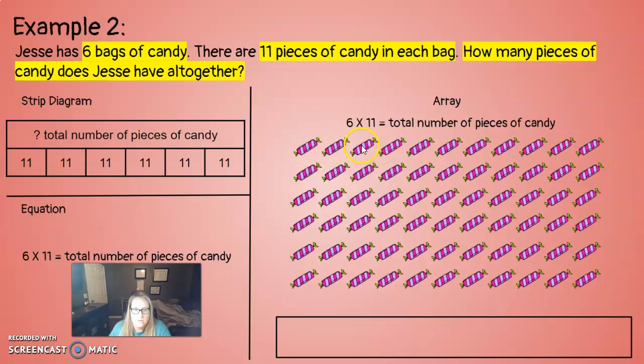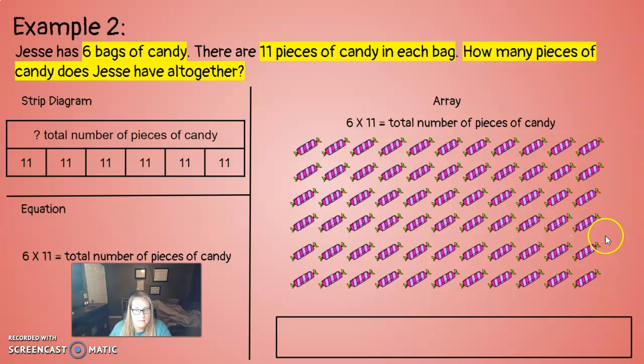So 1, 2, 3, 4, 5, 6, 7, 8, 9, 10, 11. So I'm going to write down the number 11. 12 through 22. And I'm going to write down the number 22. 23 through 33. And I'm going to write down the number 33. 34 through 44.